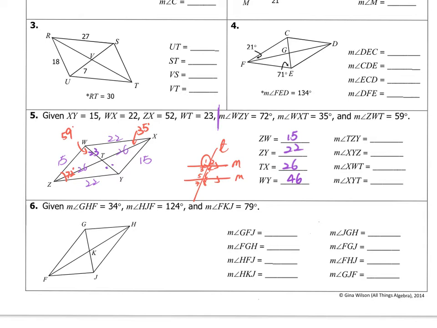Okay, so let's see, it may be easier if I find whatever I can find for now. So for example, I know if WZT is 59, this angle must be 59 because it's alternate interior angles. So these two angles must be congruent. And 35 must be congruent with this angle here.